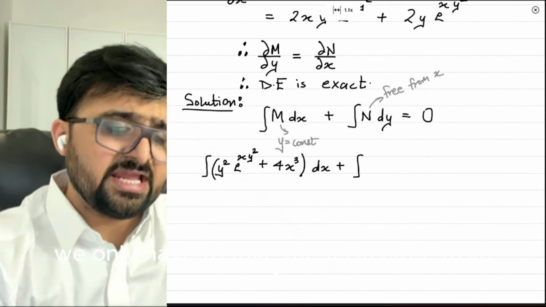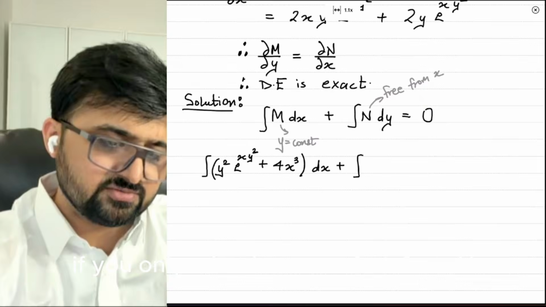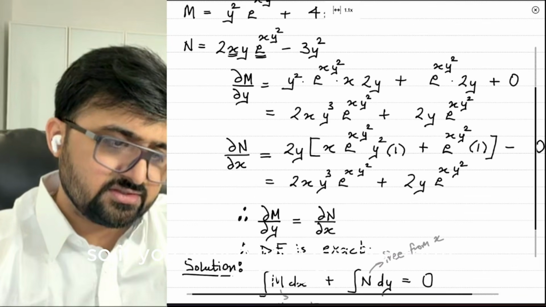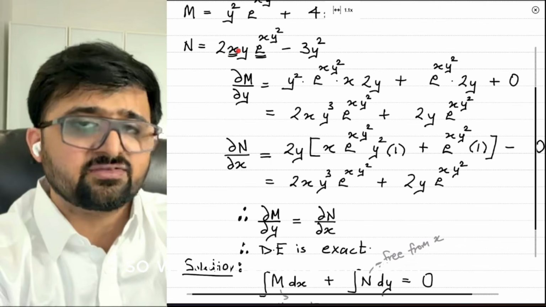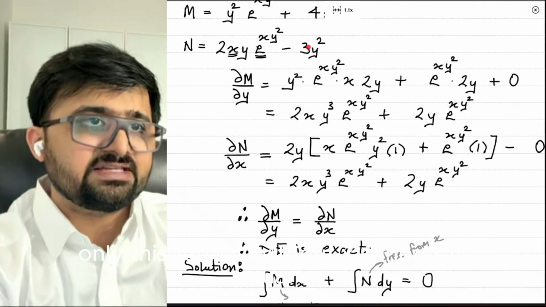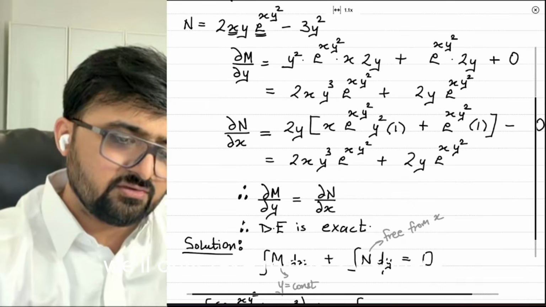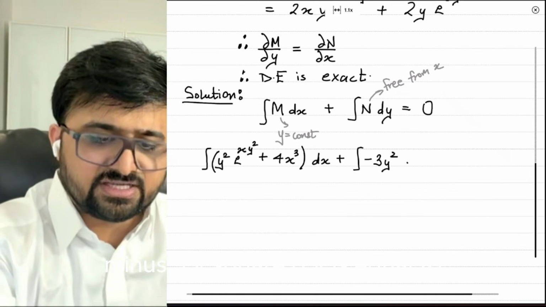Remember that in N we only have to take the terms free from x. If you notice here, the first term contains x, so we cannot take this term. Only this term is without x, minus 3y square. So we'll only take minus 3y square dy.